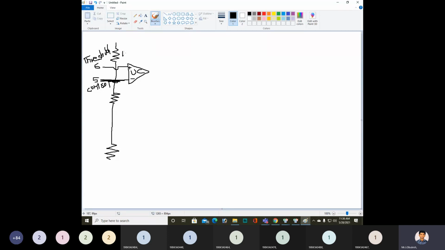This is the resistor R. This is also resistor R. See, at this point we have the voltage of 2/3 VCC.